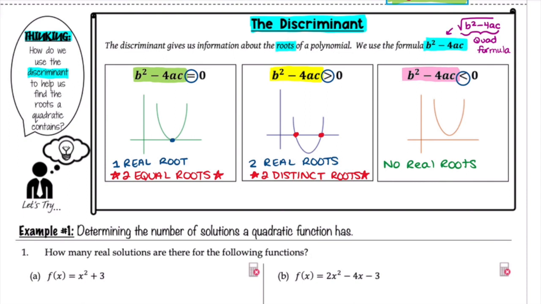Think about this. Why? Because we are dealing with the quadratic formula piece. So if I were to do the square root of any negative number, I would have imaginary roots. If that square root piece would be negative, we would have imaginary roots.